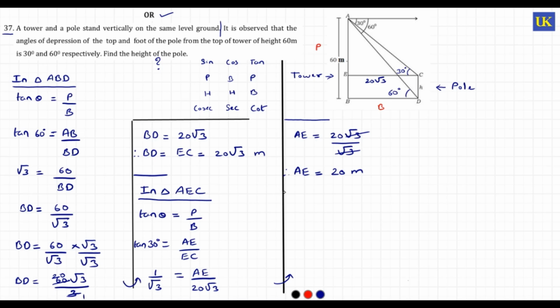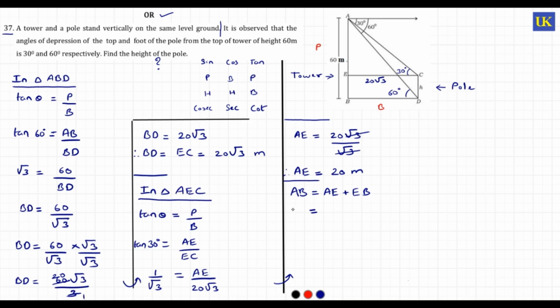So what will we do now? We know that the AB side we can write like this: AE plus EB will be equal to AB.